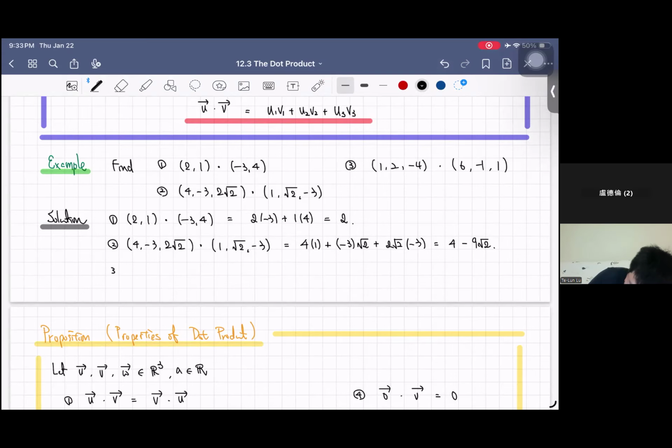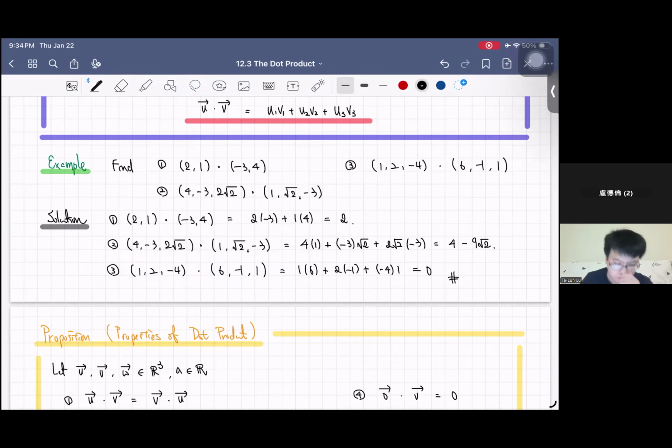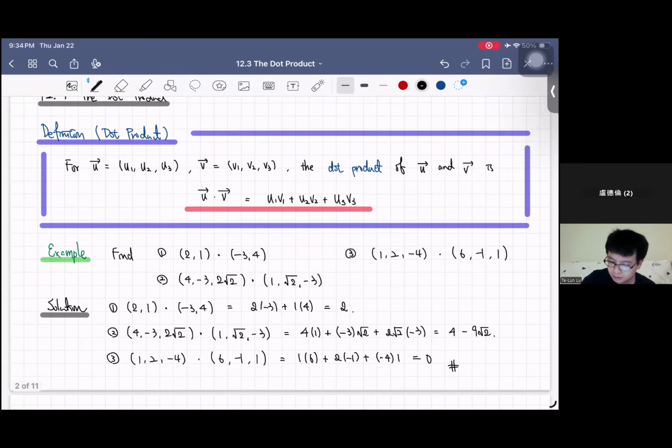And similarly, for our last example, it is again a three-dimensional dot product. If you take that dot product, you will get 1 times 6 plus 2 times -1 plus -4 times 1. And that'll be 0. Okay. So that's the definition for the dot product.